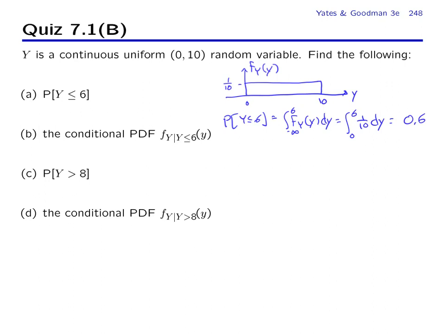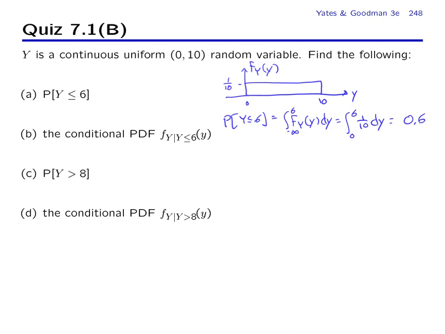Of course, this is just a warm-up question. You learned how to calculate this probability a long time ago, but we want to use that in calculating the conditional PDF of y, given this conditioning event that y is less than or equal to 6.